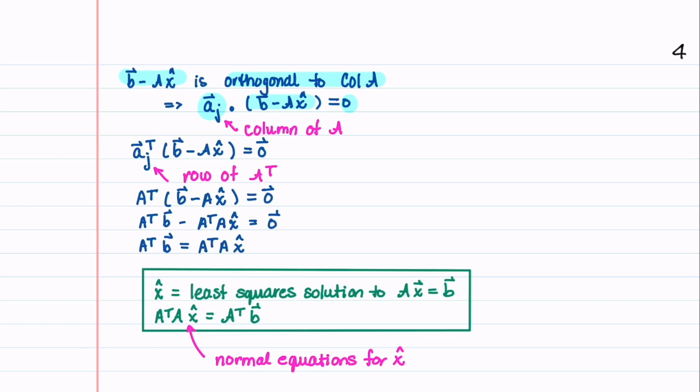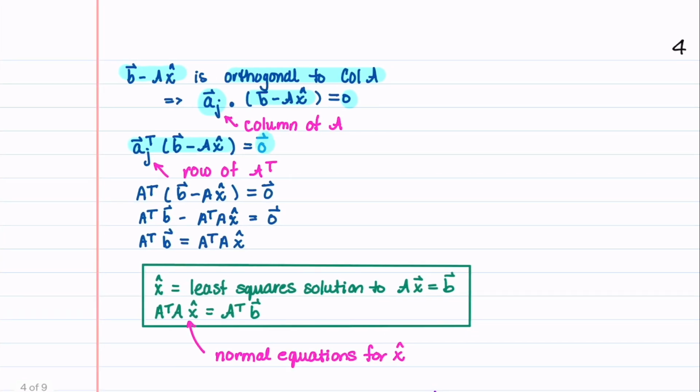We can rewrite this dot product as A sub j transpose times b minus Ax hat is equal to the 0 vector. A sub j transpose is just a row of A transpose, so we can also write this as A transpose times b minus Ax hat is equal to 0.